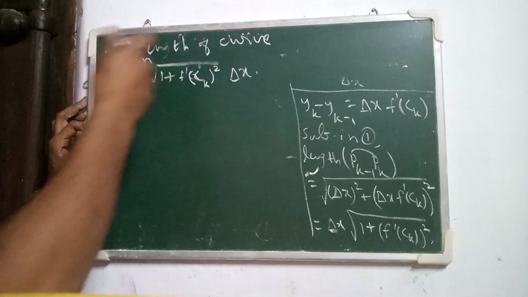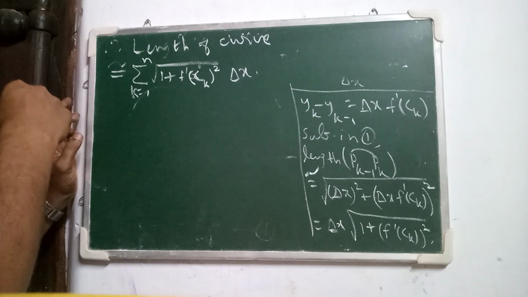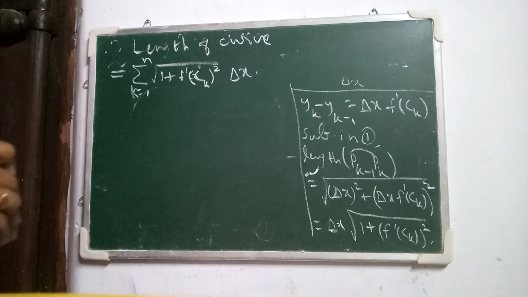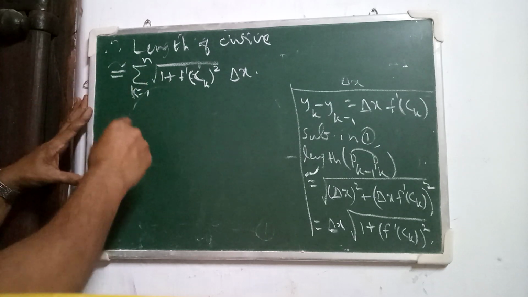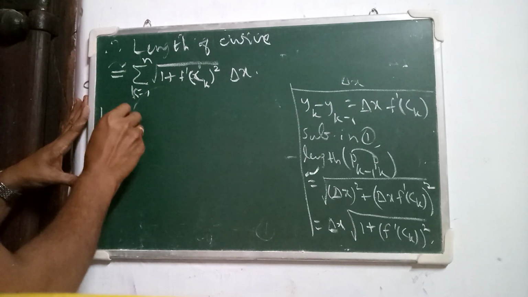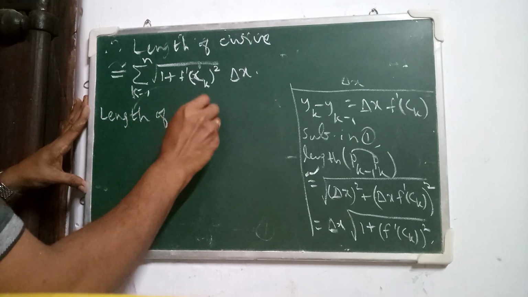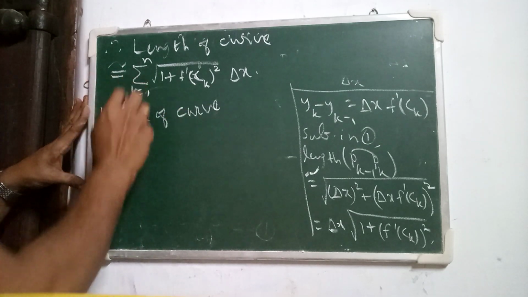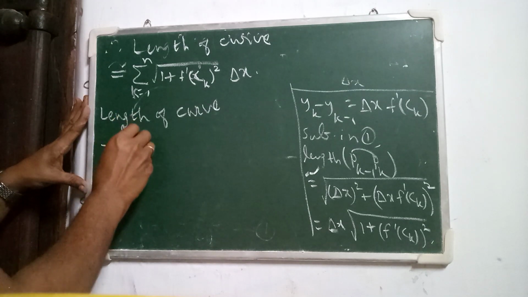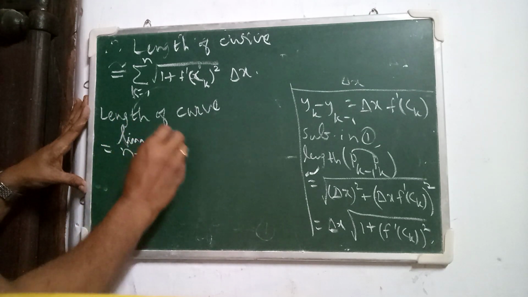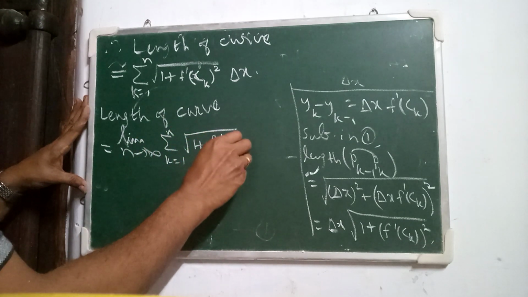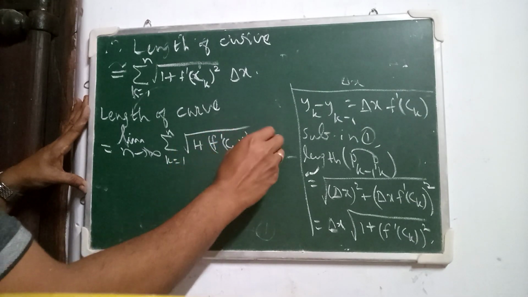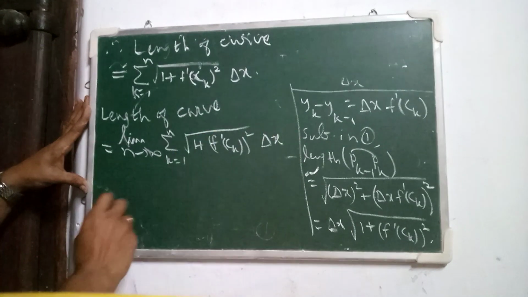Now I want to find out the actual length of the curve. So what I will do, I will refine my partition. I will add more and more points to the subinterval a b equally spaced and take the limiting case. So length of the curve is exactly equal to limit n tending to infinity sigma k equal to 1 to n square root of 1 plus f dash of c k whole square delta x.